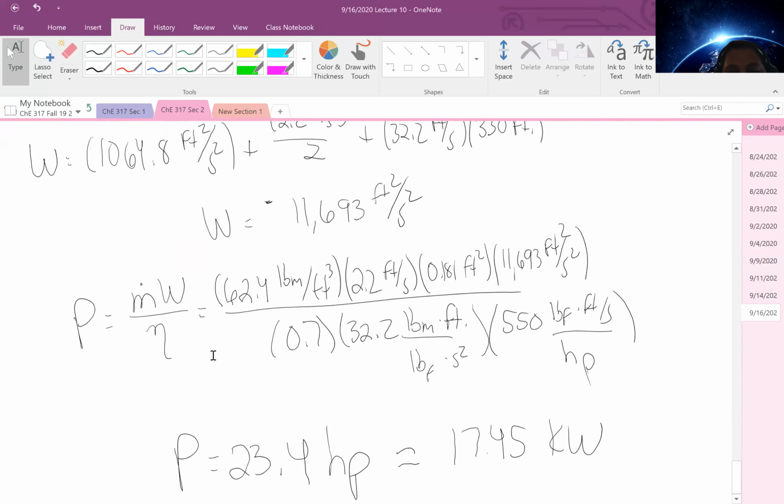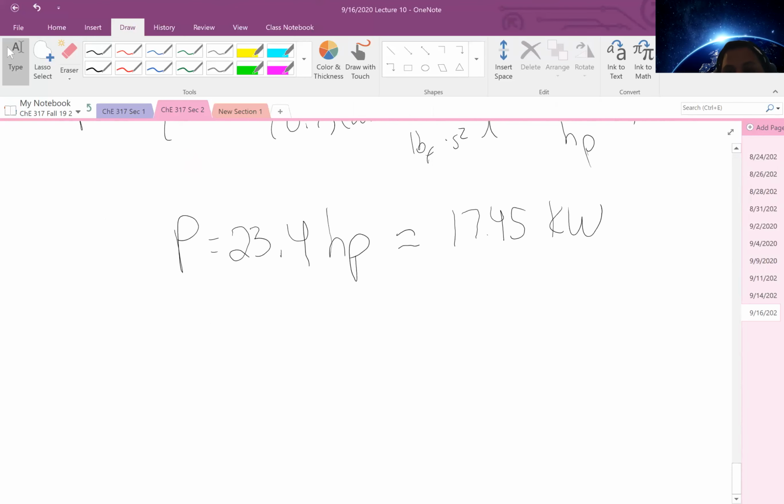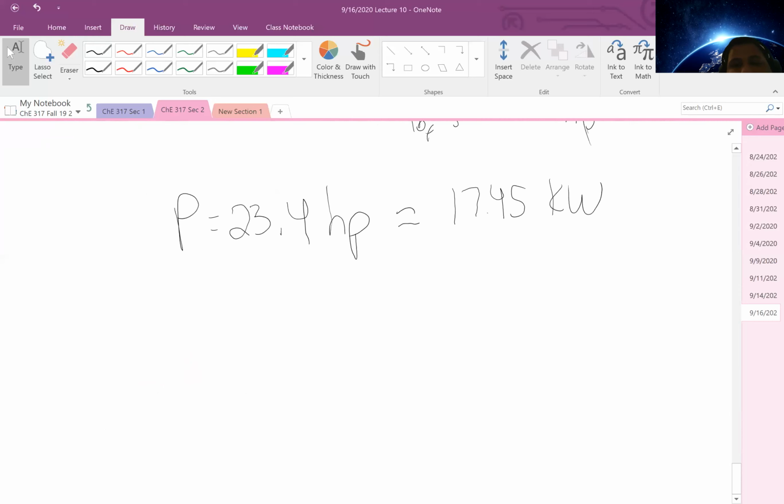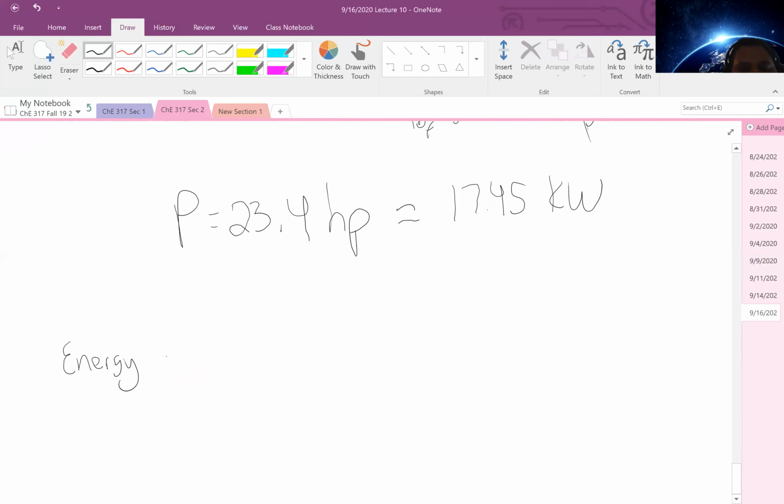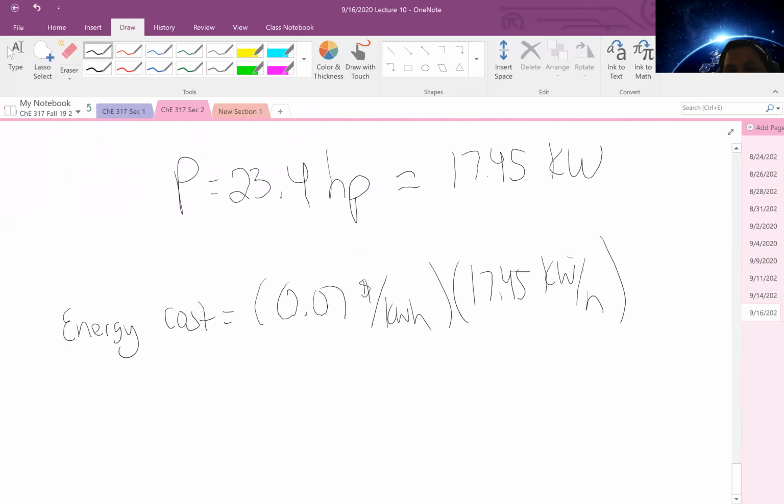So if the power requirement is 17.45 kilowatts, in an hour it would use 17.45 kilowatt hours, which means the energy cost would just simply be the 7 cents in terms of dollars per kilowatt hour times the 17.45 kilowatts, which gives us our final value of $1.22 per hour in terms of cost to run the pump.